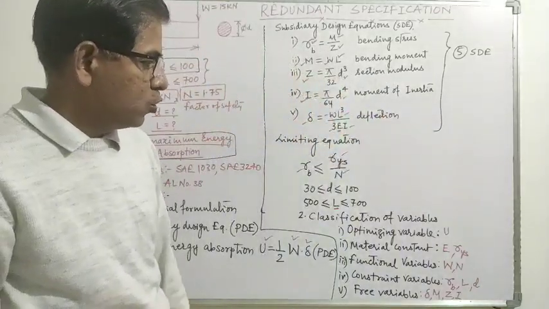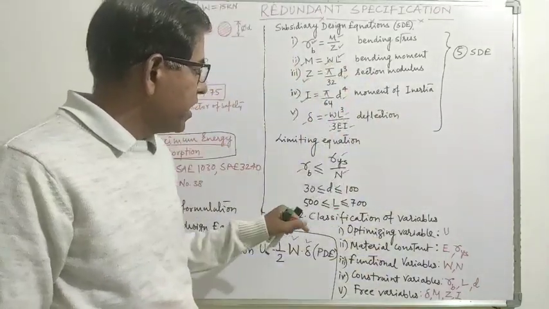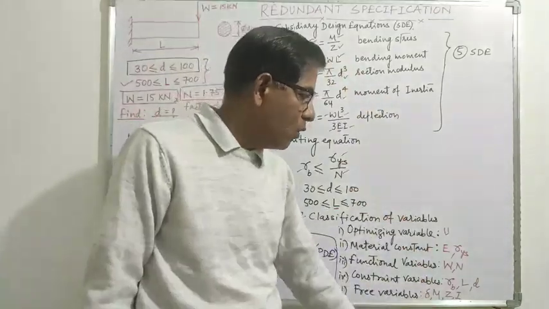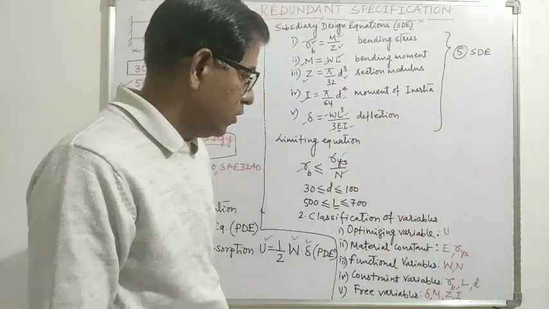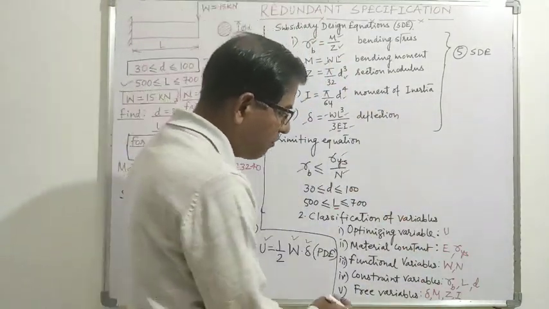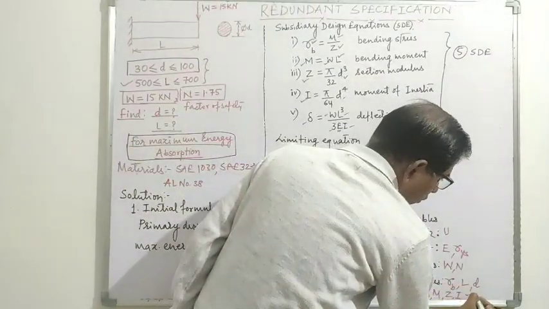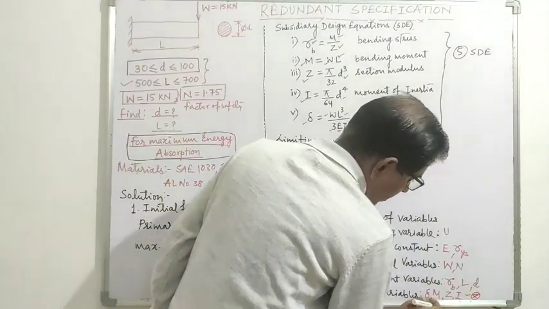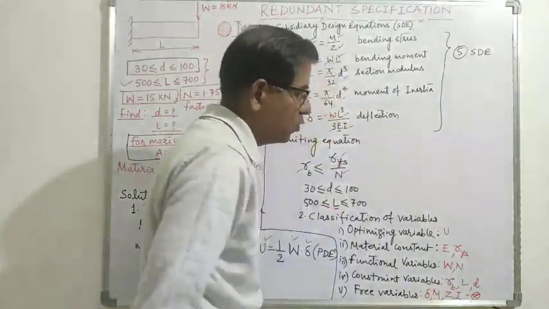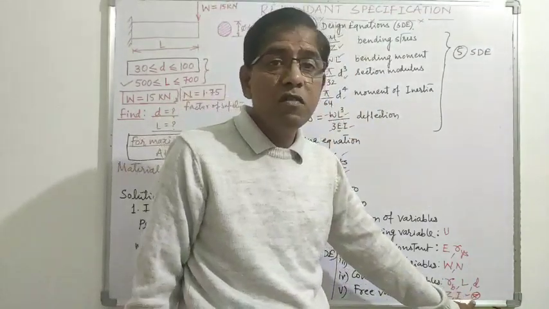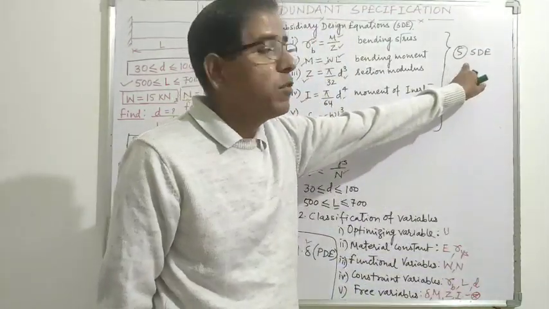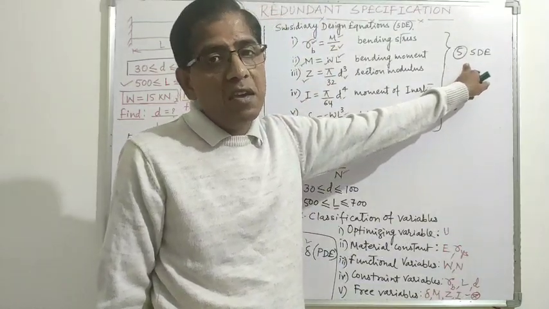So in this way we have categorized all the variables into these 5 categories. Out of which, the number of free variables is how many? 4: delta, M, Z and I. These are the 4 free variables. And how many SDs? There are 5 SDs.